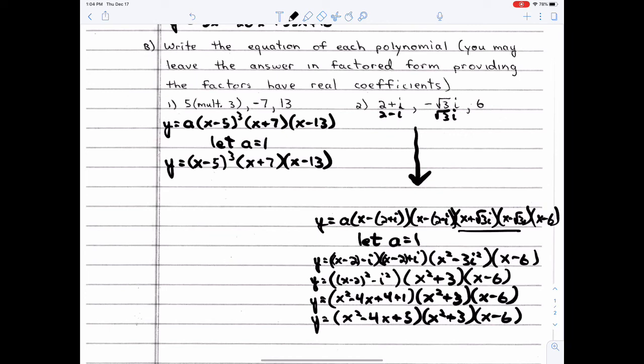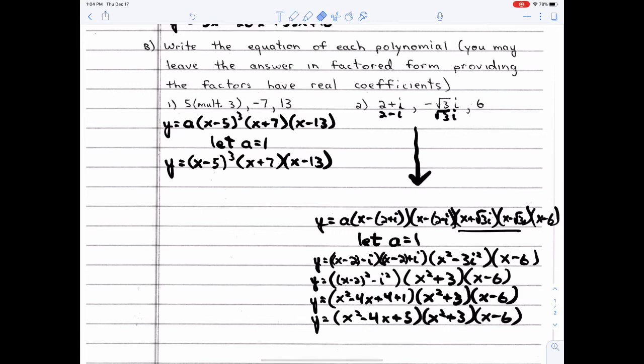Now I can stop. Why can I stop here, but I couldn't stop back at the beginning? Because the instructions say, providing you have real coefficients, you may leave it factored. Well, up here, I didn't have real coefficients. I had one, that was it. The rest was a bunch of imaginary numbers. But right now I've got this to the point where it's all real numbers.